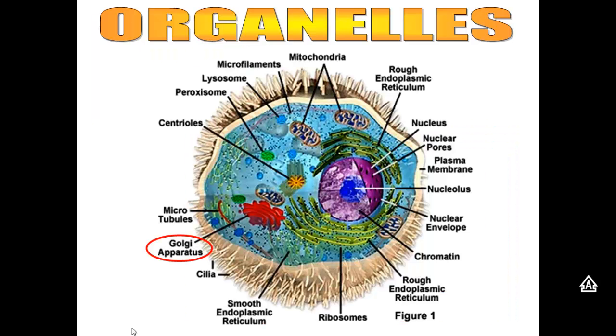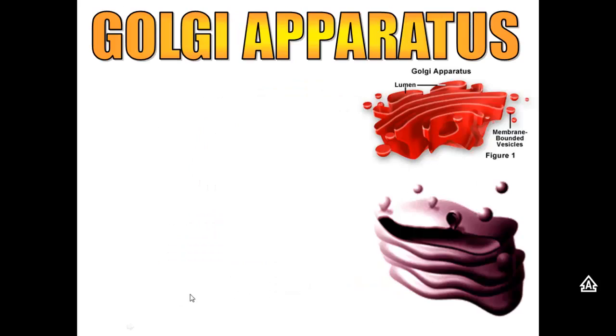Next, we'll talk about the Golgi body, seen here in the picture. The Golgi body is sometimes referred to as flattened pancakes. You'll see it's also tubes, basically flattened membranes. You think of a vesicle that's just been flattened like a balloon. That's basically what the Golgi is.